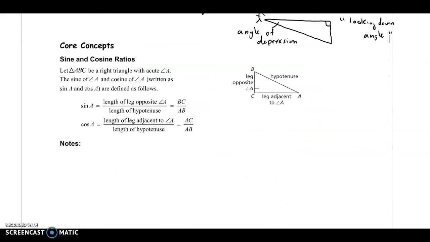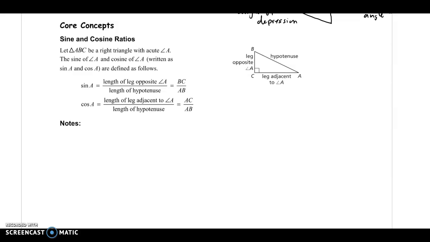So here are some further formal definitions for sine and cosine ratios. If we let triangle ABC be a right triangle with acute angle A, remember that's like we're located at A, and that helps us determine from A what is the opposite leg and what is the adjacent leg.